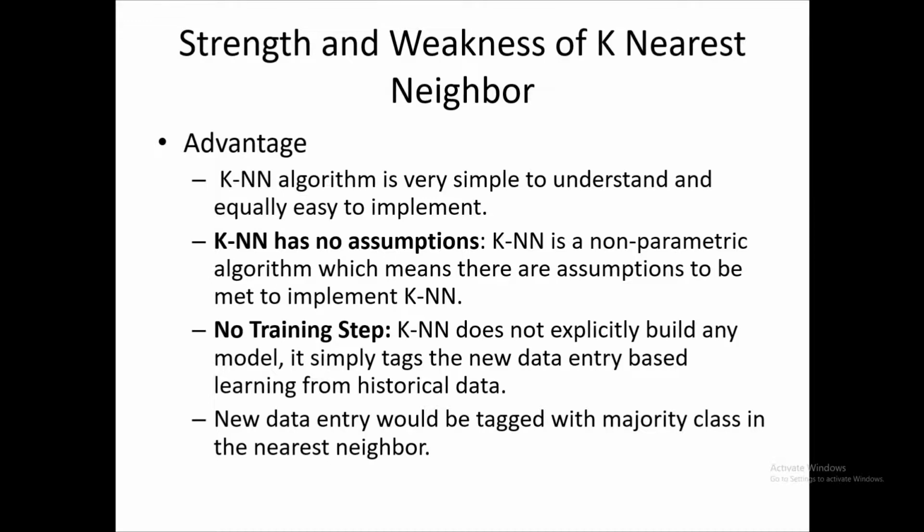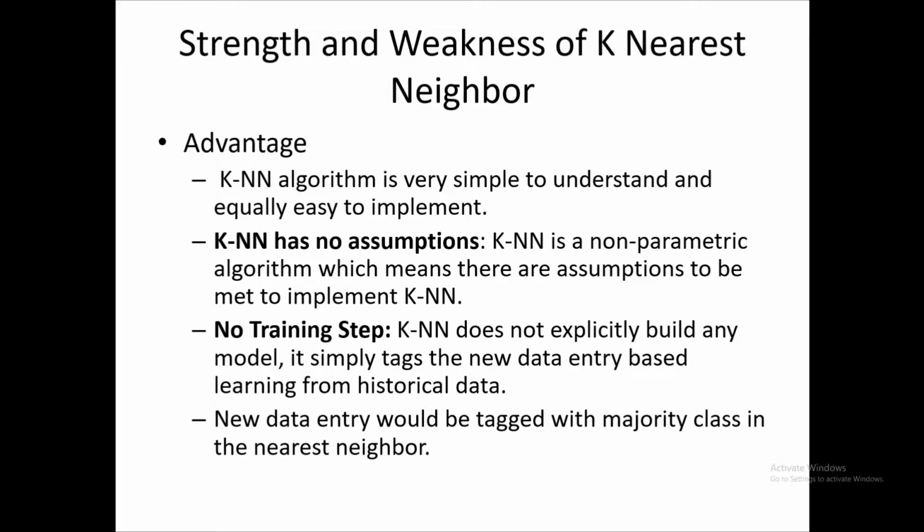It's a non-parametric algorithm, which means there are no assumptions to be made to implement KNN, and there is no training step. We don't need to define a model or work on a model. KNN doesn't explicitly build any model, and it simply tags the new data entry based on the learning from the historical data.